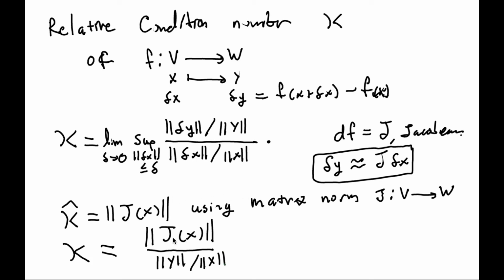So again, we see that the notion of the derivative, the Jacobian, is tightly related to the idea of the condition number, either absolute or relative. And in particular, what the condition number does, whether it's absolute or relative, is combine two ideas. Condition number combines derivatives and matrix norms.